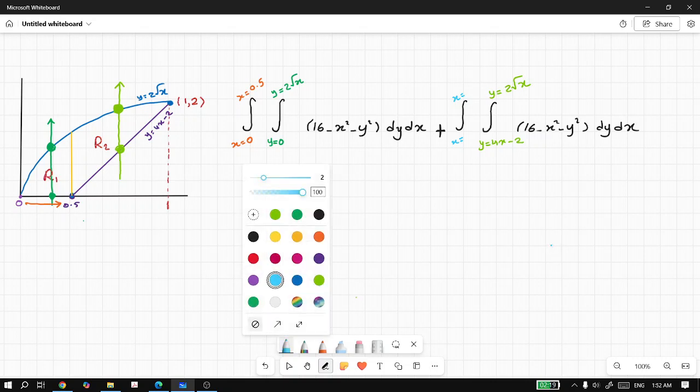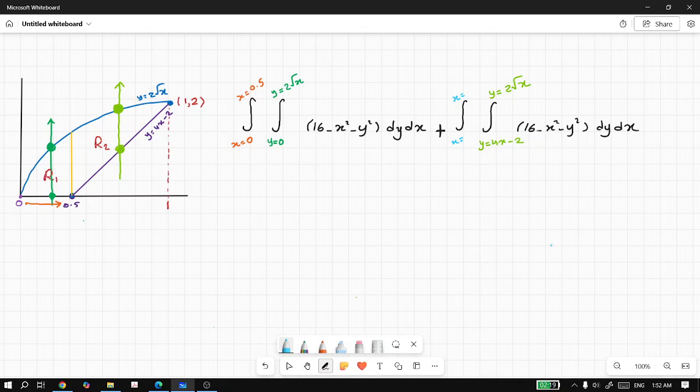We are left with the bounds of x. For region 2, the region starts from 0.5 and ends at 1. So here x is 0.5 and the upper limit of x becomes 1.